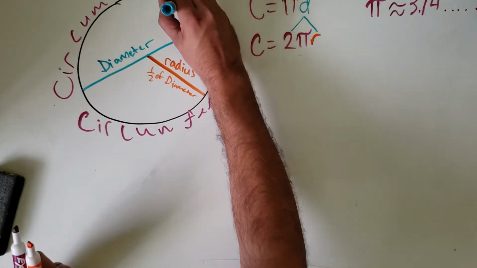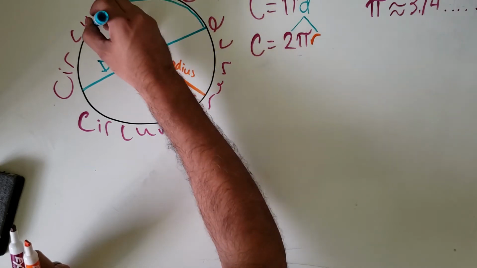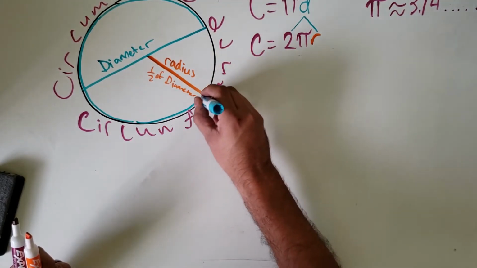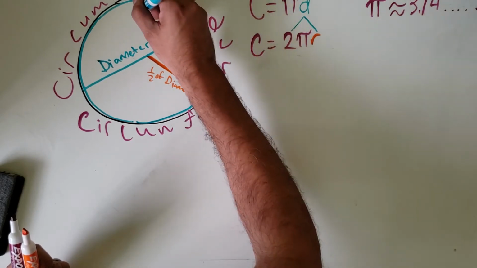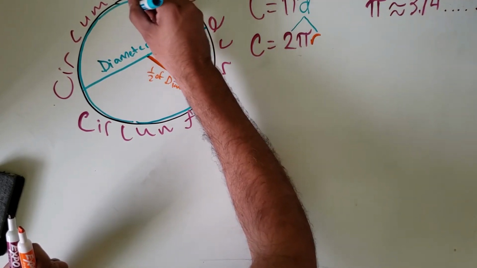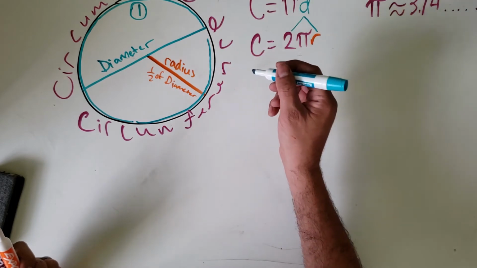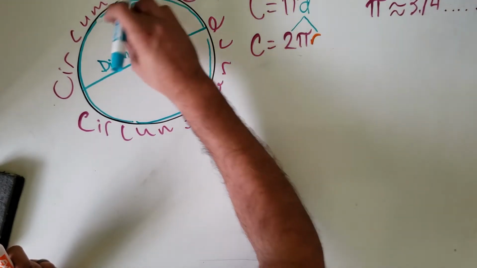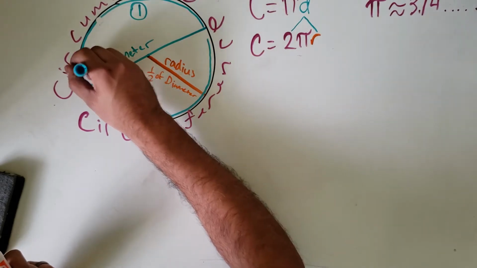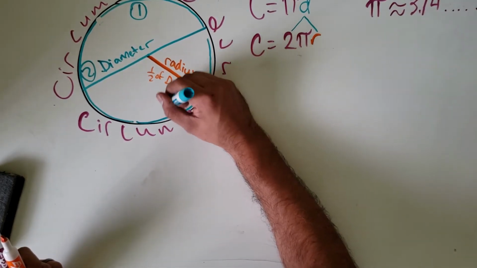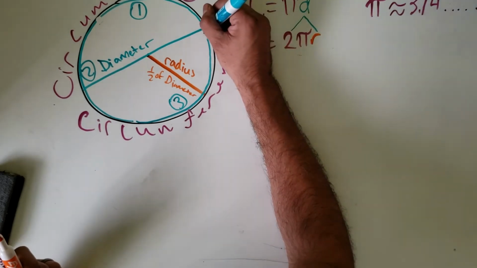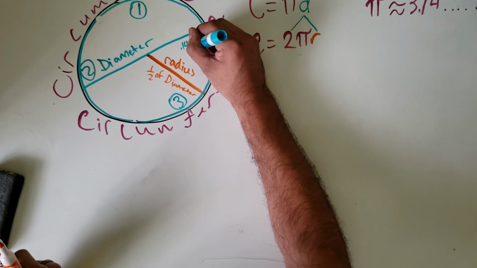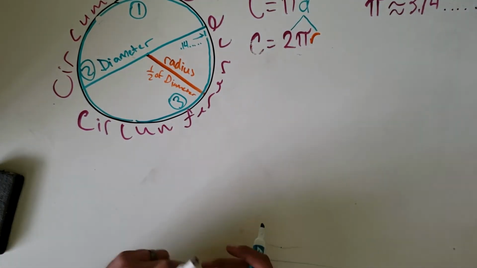So if I took it off and go 1 like that, 2 like that, and 3 like that, this would be diameter number 1, this is diameter number 2, and this is diameter number 3, and this tiny little chunk right there is the 0.14 and so on forever.